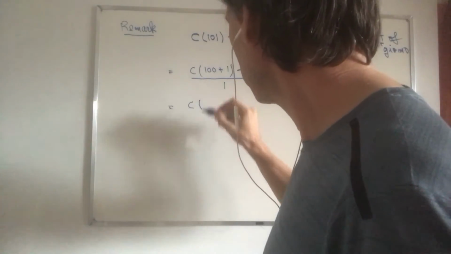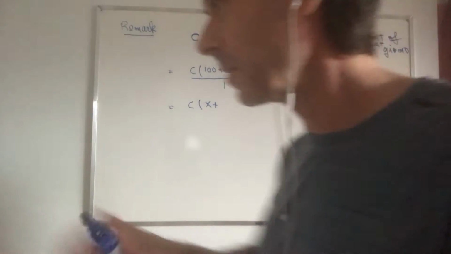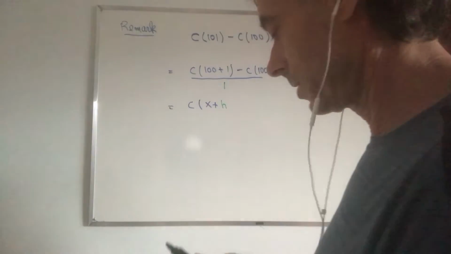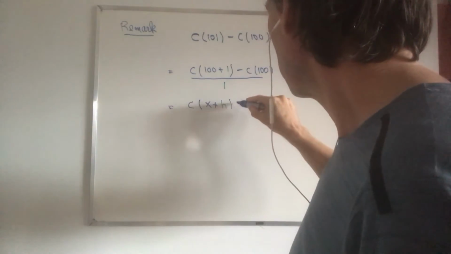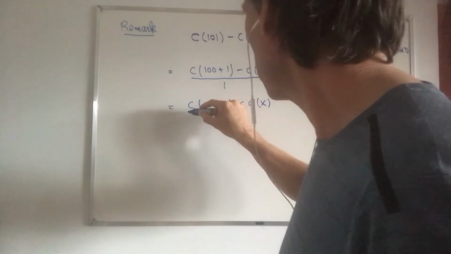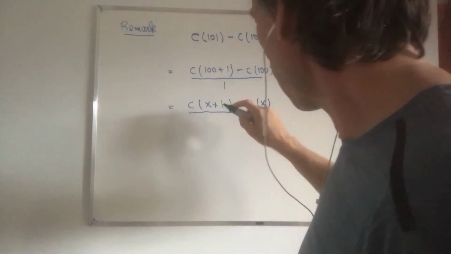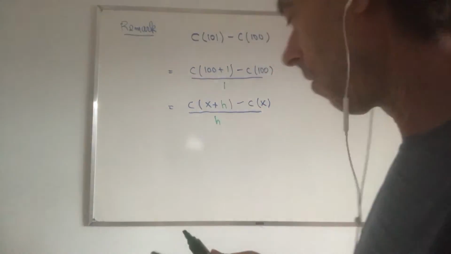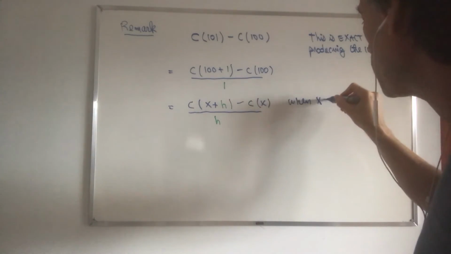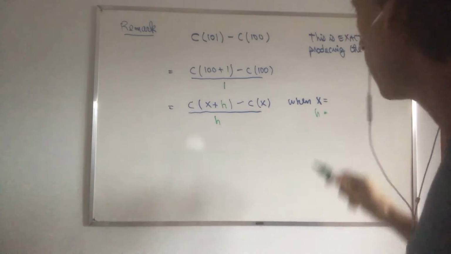So I'm going to say this is C of x plus h minus C of x all over h, for when x is equal to what and h is equal to what?